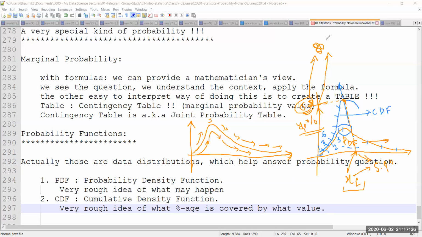So 80% of the sample that I've taken in this example falls within 5 feet 9 inches. It means 80% of my sample are limited to a height of 5.9 feet or 5 feet 9 inches.